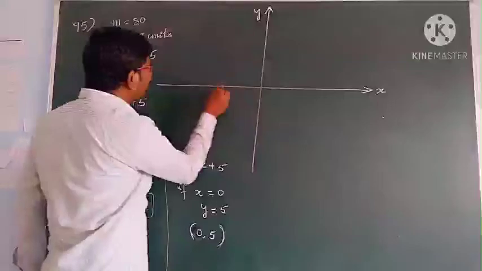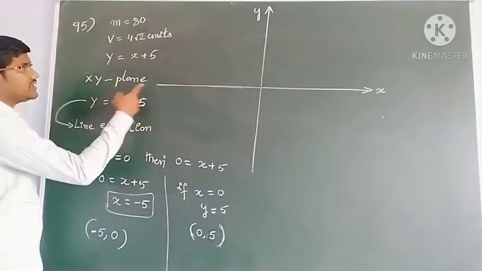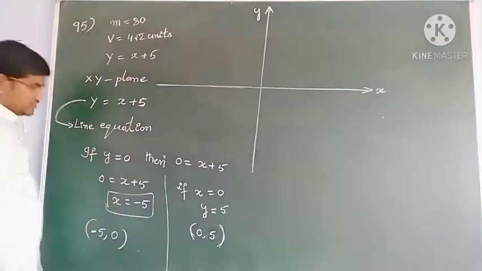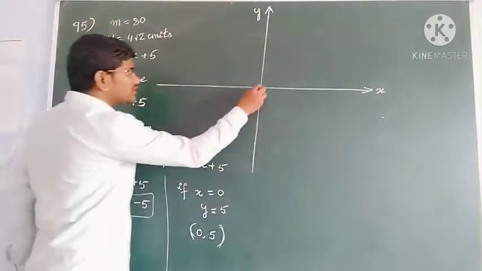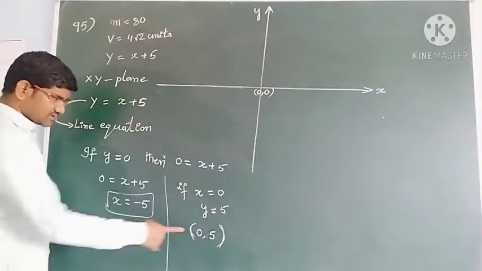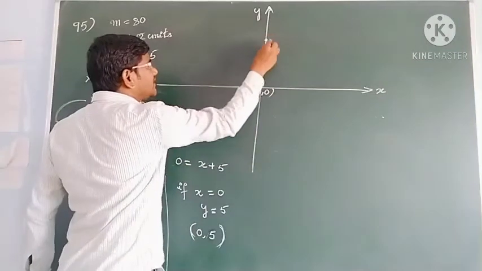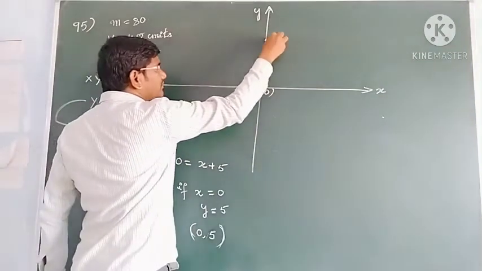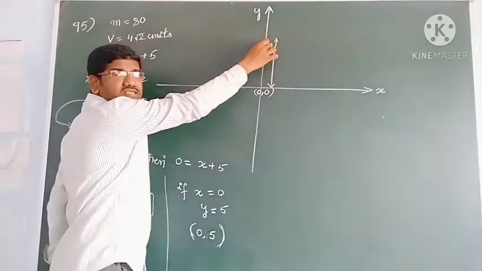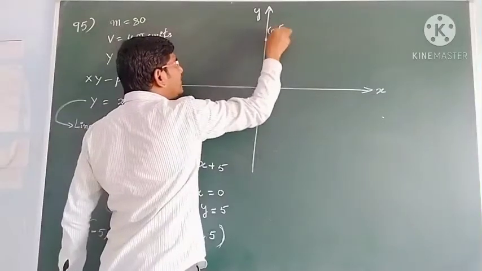So I will look at the line equation in the xy plane I have taken. This is the origin, 0 comma 0. When x is 0, the y value is 5, so I take y value 5 units here. On the y-axis, x coordinate 0, this is the point 0 comma 5.